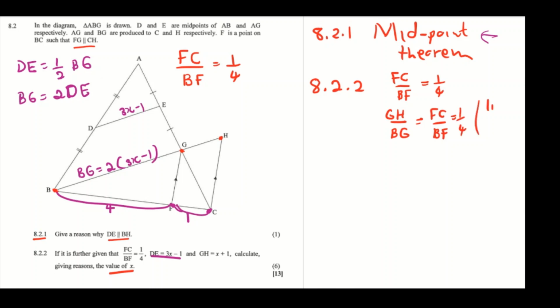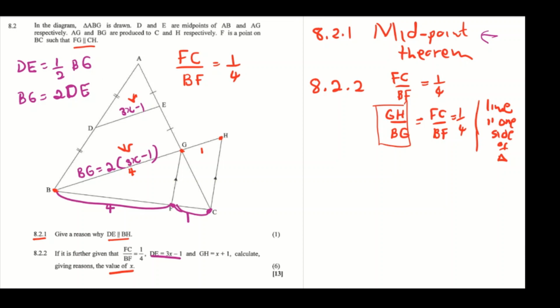Reason for that, it's a line parallel to one side of a triangle, right? So I was busy trying to find these expressions because we're going to use them to solve for x. Once you know that GH over BG is 1 over 4, all you need to do is find the expressions now.